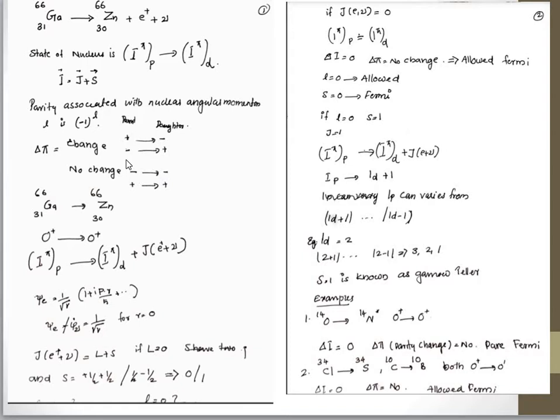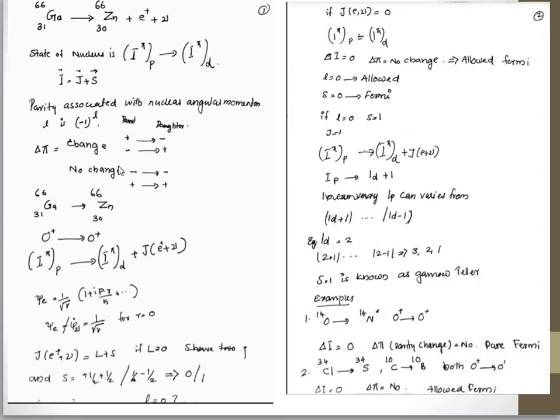So for 0 and even numbers there is no parity change, that is, the parity change is 0. If the nucleus initially has negative parity, the final parity of the daughter nucleus also has negative parity.